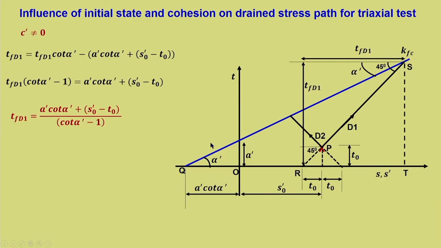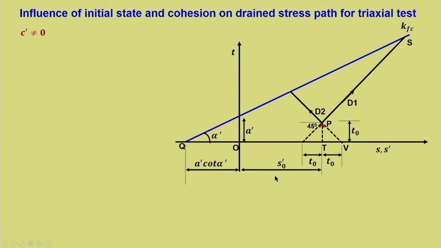We also need to find the expression for TFD2. Let us see how. Let us drop a vertical at U. This is TFD2, and this is at an angle of 45 degrees. We can write UV is equal to TFD2 because this is 45 degrees.